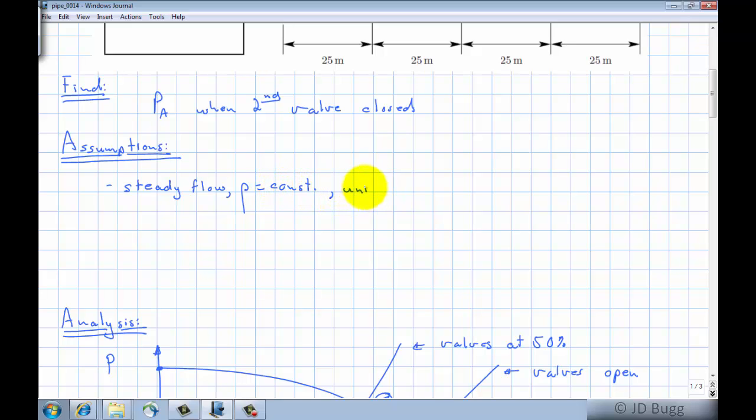It's uniform at the inlets and exits. We're just using a single velocity to represent the flow rate. And the temperature is constant as well, and there's no heat transfer. So all of those things are included in Bernoulli's equation.